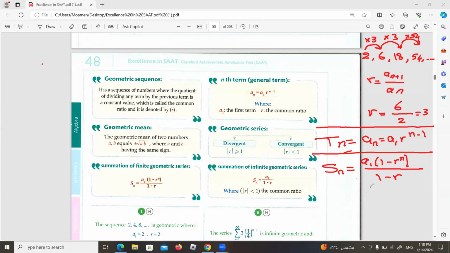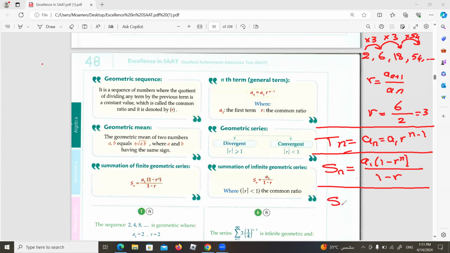This is Sn, and this is finite. For example, I ask you to get the summation of the first 15 terms, S30, S15, S7, and so on.